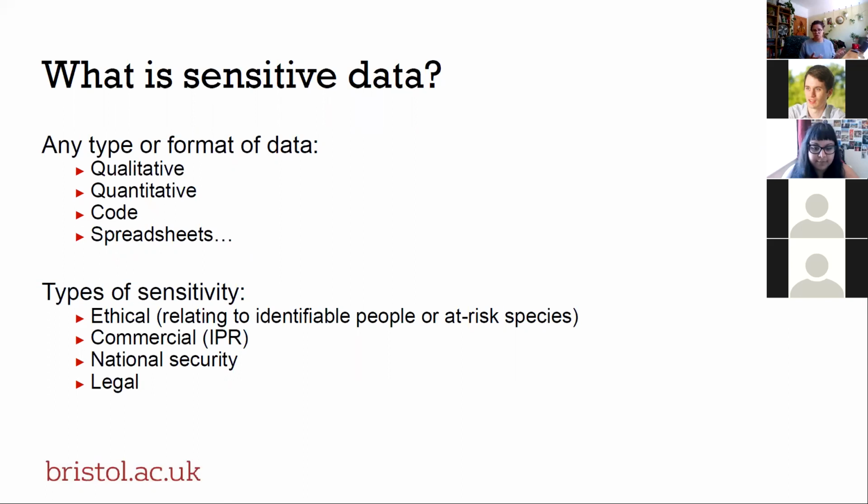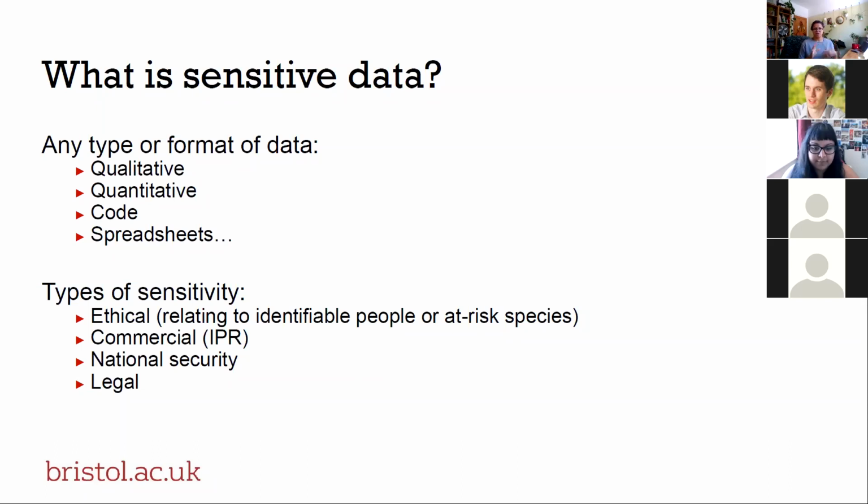If you're writing code, there could potentially be sensitive data in there, depending on, for example, whether you've got variable names in there, or in fact specific data elements in there as well. And of course, different formats of quantitative data, so spreadsheets, things like that. So the important thing to bear in mind is that it doesn't really matter what data you've got, it could potentially contain sensitive information. So you need to bear that in mind.